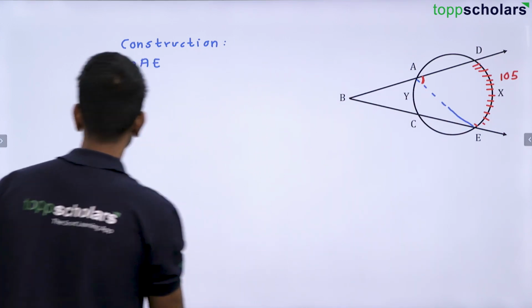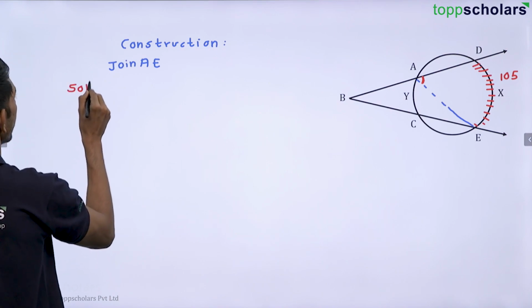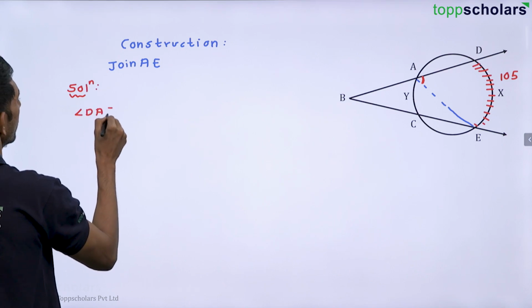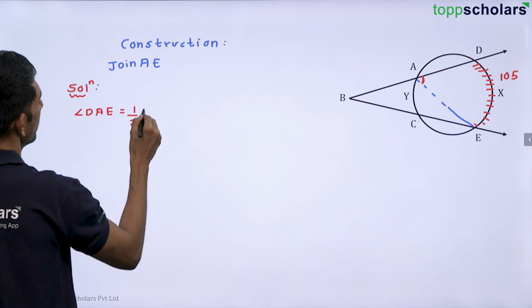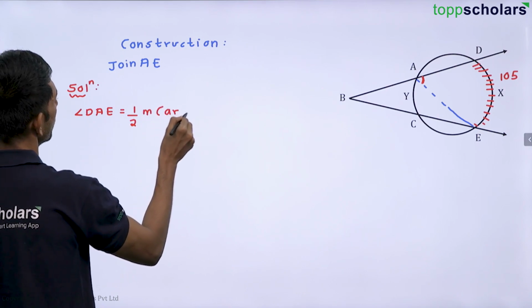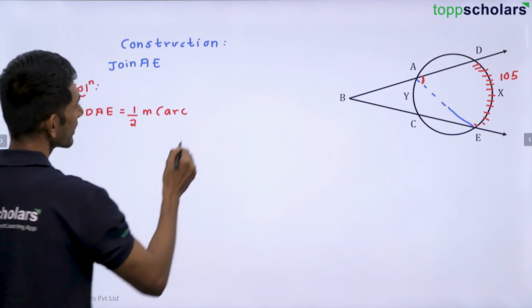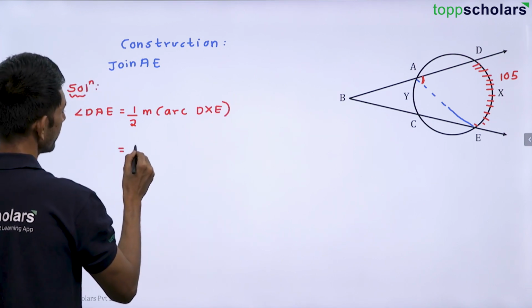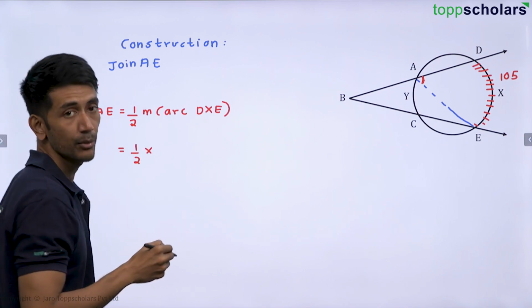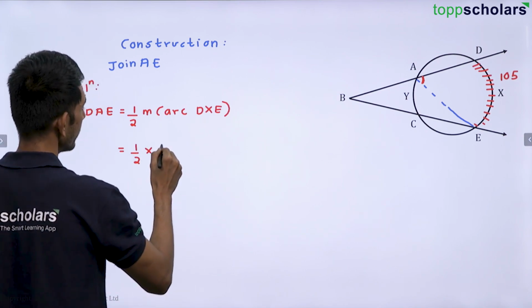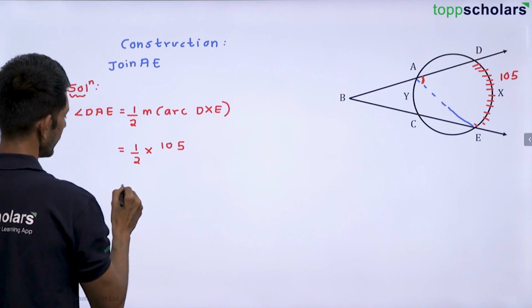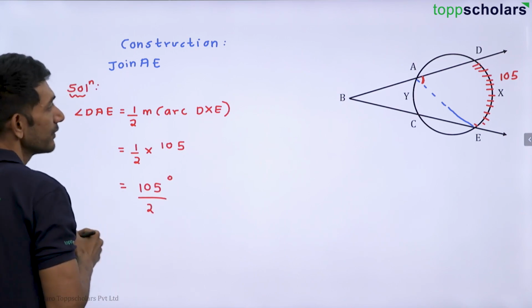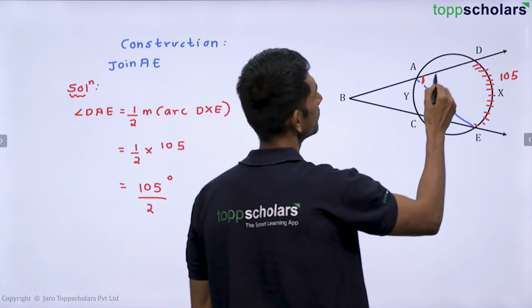Can I say angle DAE is half of measure of arc DXE, that is half of 105? So I'm writing down 105 here. So that is equal to 105 by 2 degrees. This is this angle.